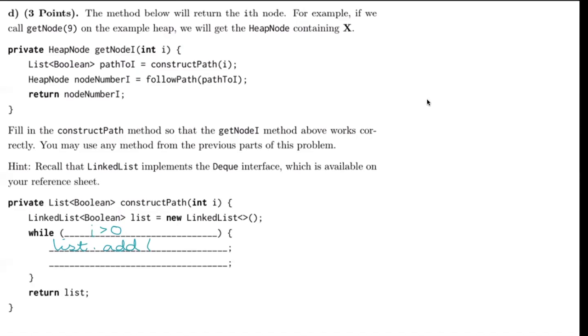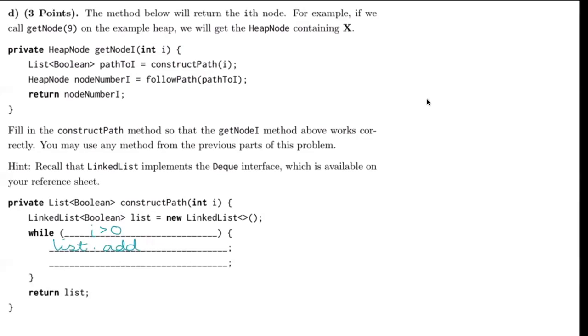However, we do have a method from part B called isRightChild. So if we called isRightChild on I, that would give us true if it's right and false if it's left, which we established in part C that false corresponds to left and true corresponds to right.